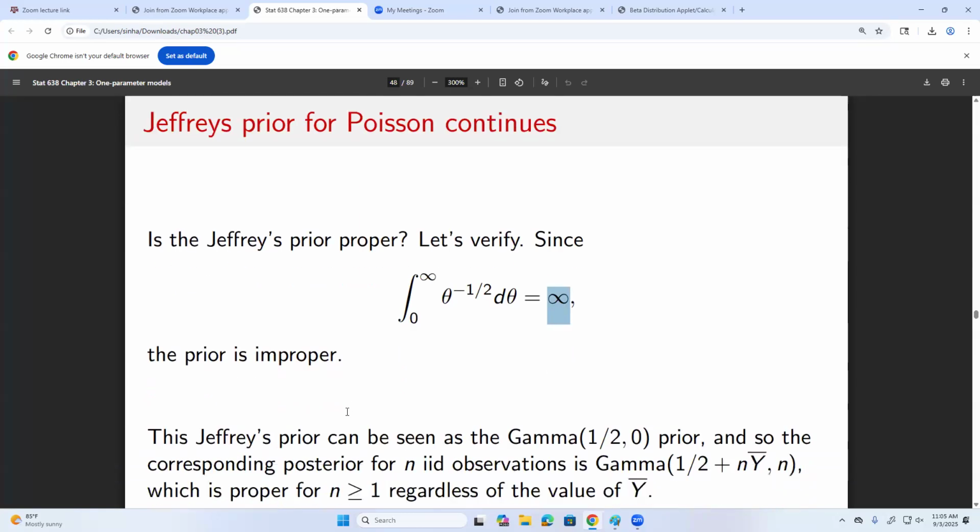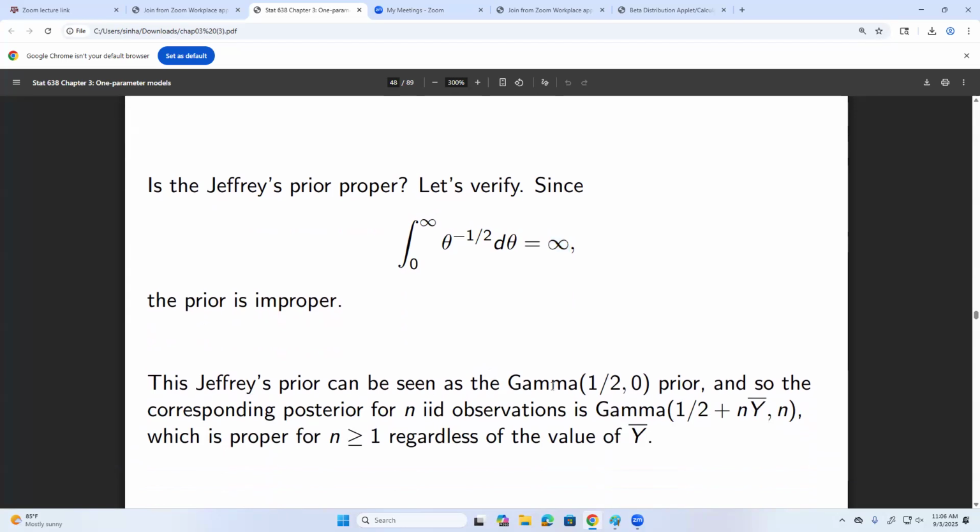And it can be seen as a gamma distribution with parameter 1/2 and the other term 0. Now, when the other term is 0, gamma distribution is defined when both the terms are positive. So this is actually, I'm pushing myself to the boundary. This is not a gamma distribution.